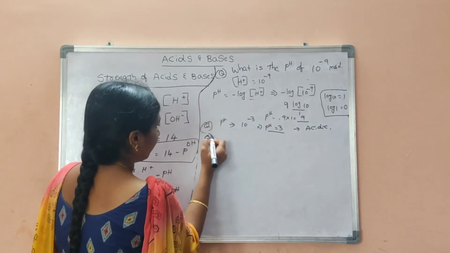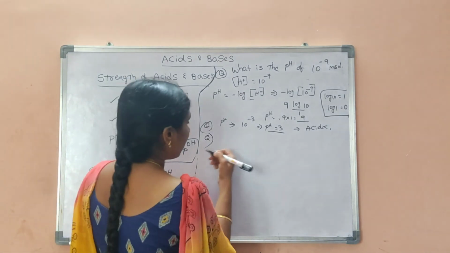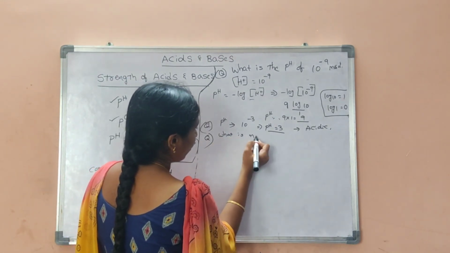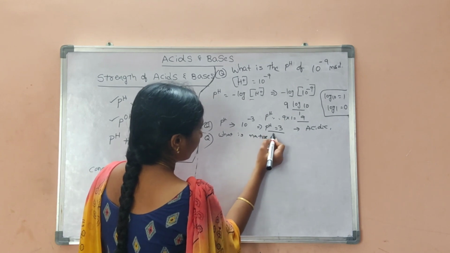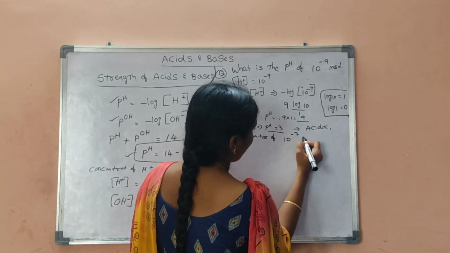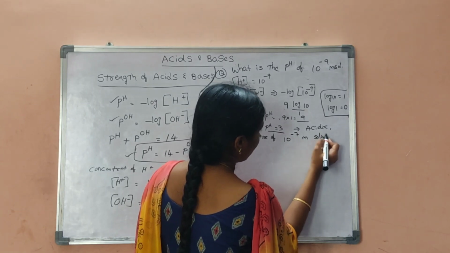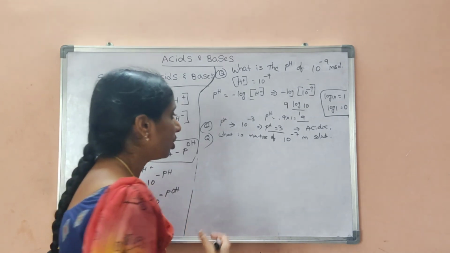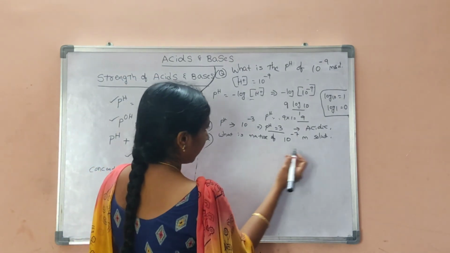Next problem. What is the nature of 10 to the power of minus 7 molar solution? Here first you calculate the pH.